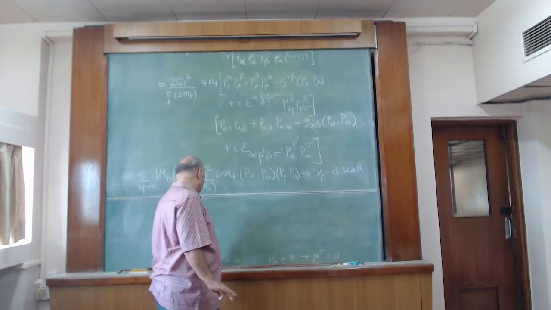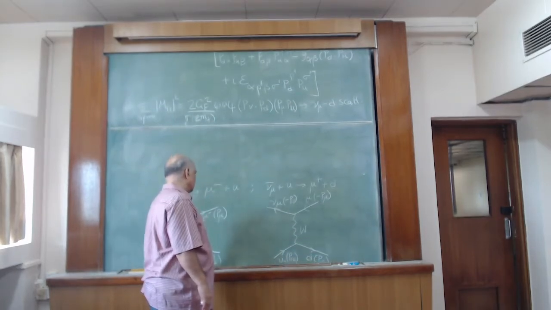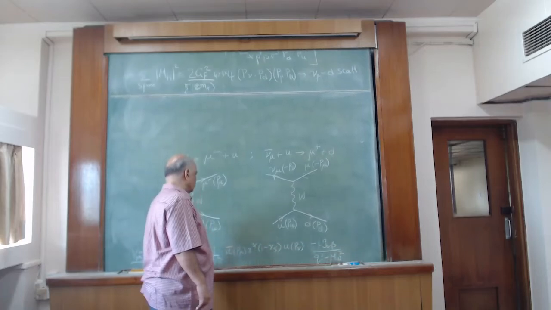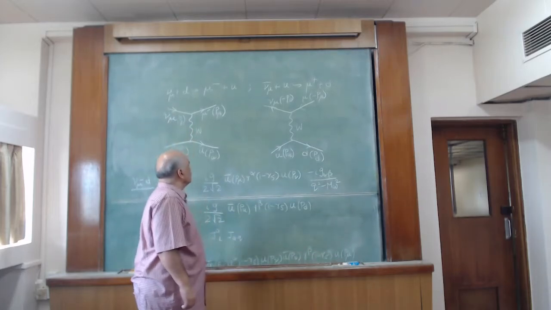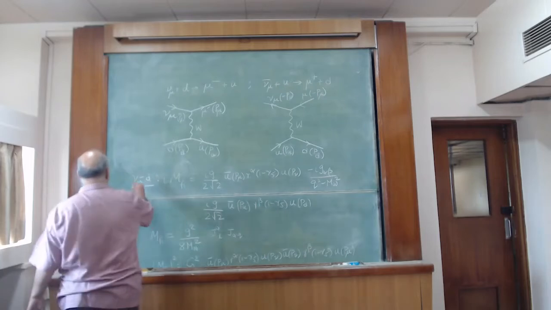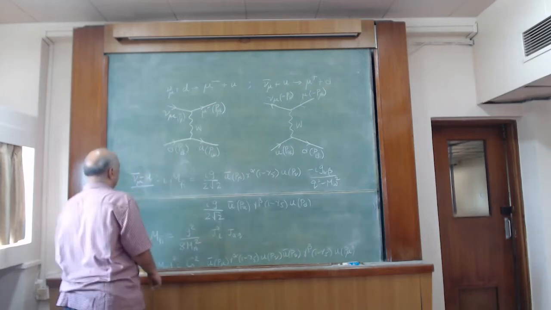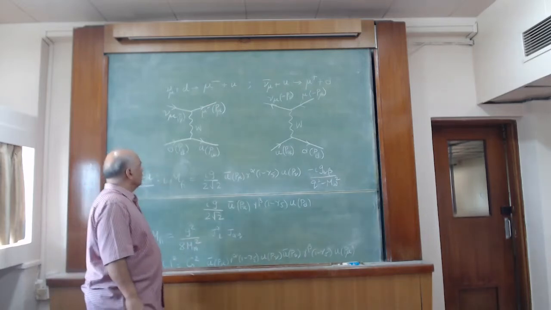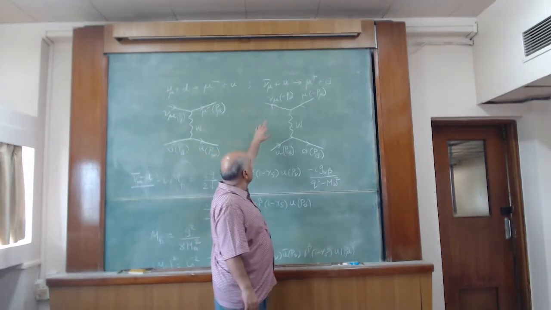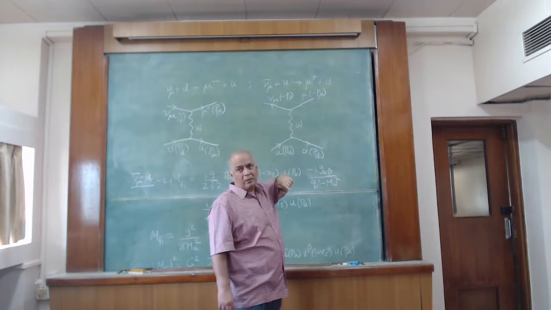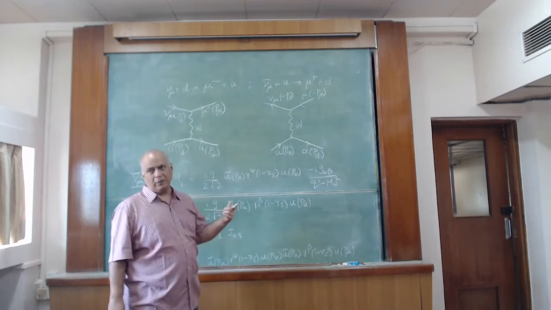Now let me look at mu bar u scattering. So the electronic current, there is an incoming antiparticle, but for an incoming antiparticle we write the V bar spinor.